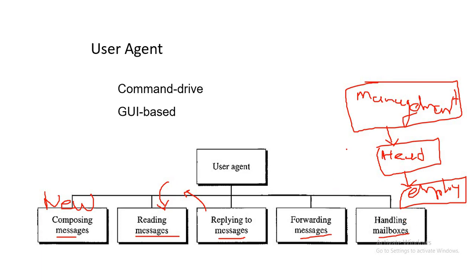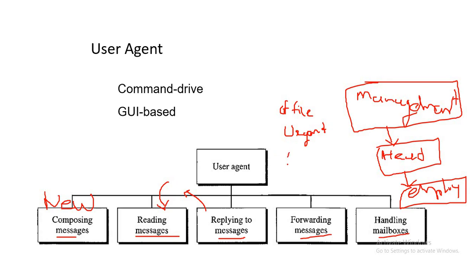Handling mailbox, like whatever the user agent is there. Suppose there is some office mail, so you will keep one mailbox for office use only. Get it? Like in this office mail, some of the mails are urgent or important, so you can create another mailbox for the urgent mail or important mail.